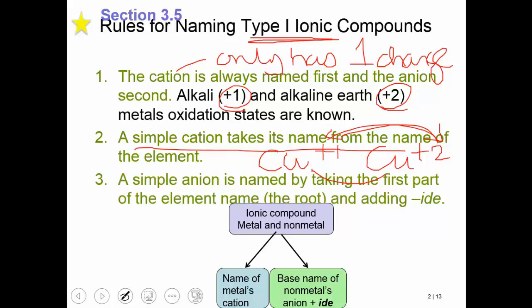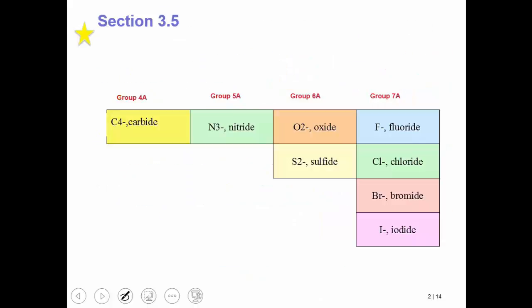And then the anion will be taking the first part of the element name, the root of the element name, and adding IDE. So for example, if we look at carbon with the -4 charge on it, okay, carbon, we're going to take the element root, CARB, and then add IDE.